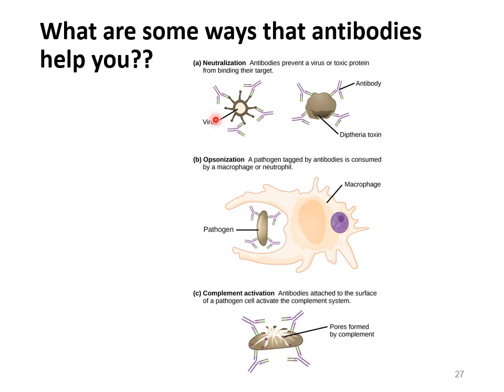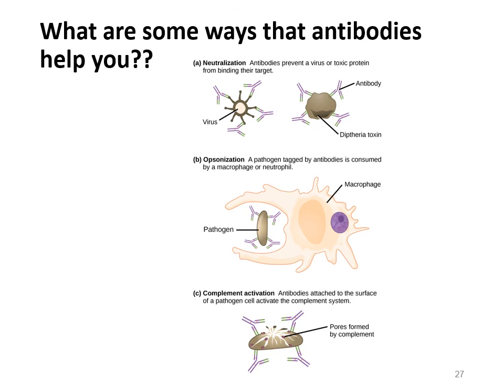There's also opsonization, meaning that when antibodies bind to the outside of a pathogen, that now can tag that pathogen to get targeted by a phagocytic white blood cell. So usually the big bad macrophages, okay? But any phagocytic white blood cell will now recognize that antibody-coated pathogen as something it needs to engulf, chew up, and digest down.